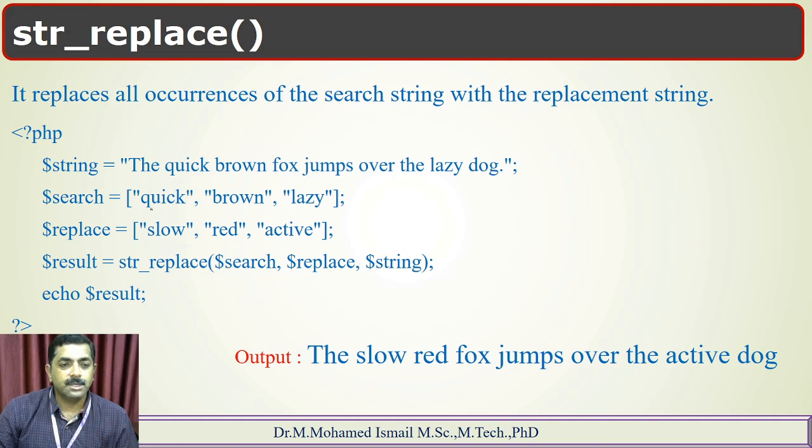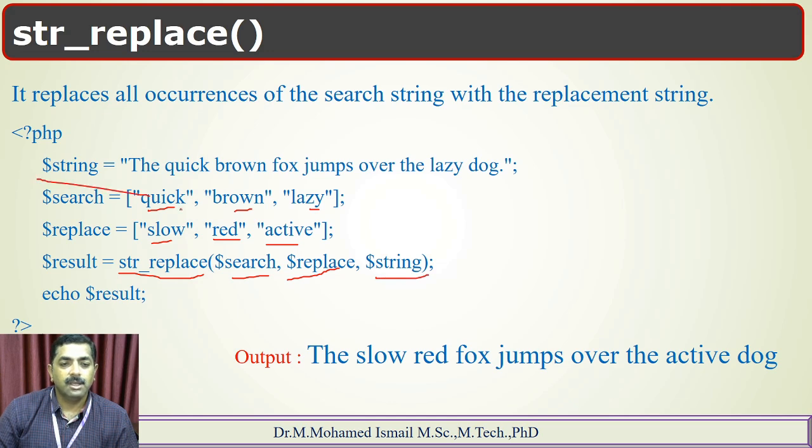I am searching some strings, that is quick, brown, lazy, and I am replacing them. I am just storing them in simple variables, search and replace. You can use some other names also. Slow, red, active. So I am searching these 3 words and replacing them with these 3 words. So for the result, in the string replace function, I am searching quick, brown, lazy, and replacing them with slow, red, active, in the given string.